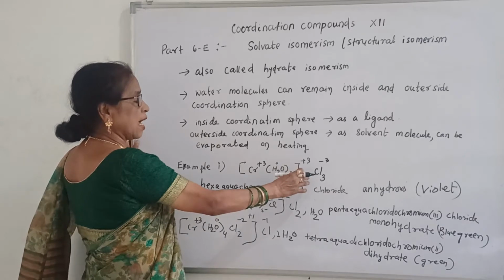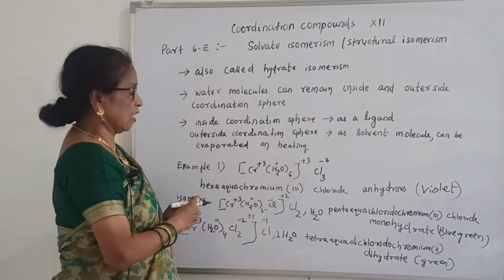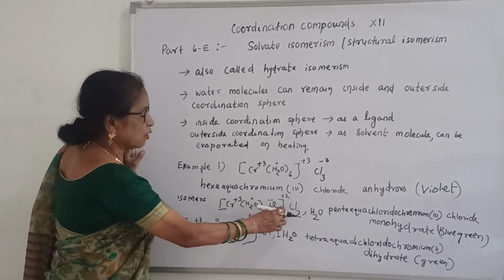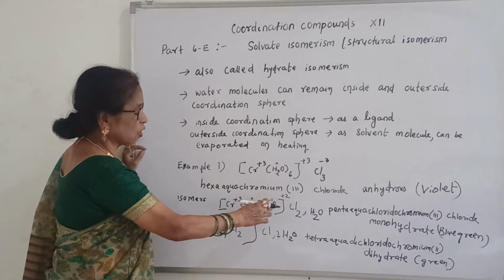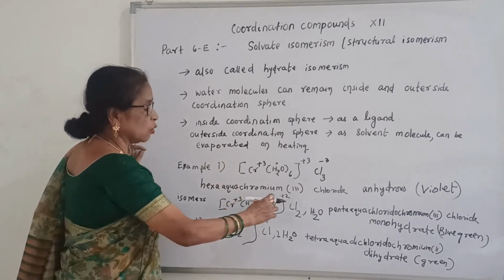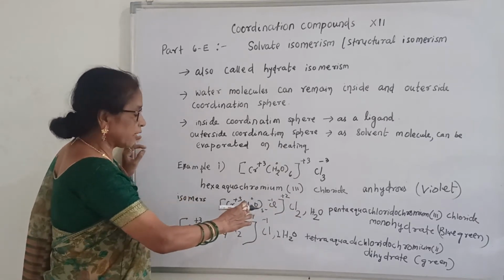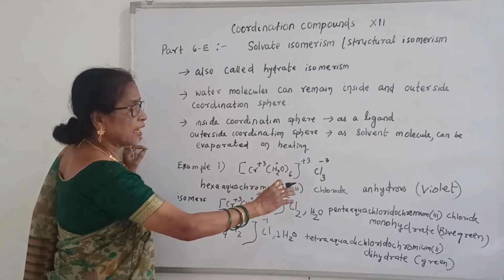But when the chloride ion goes from outside to inside, it will act as a ligand. So one chloride ion comes inside the coordination sphere, and that is called chlorido. And the water molecules decrease by one because one goes outside, so it is pentaaquachloridochromium(III) chloride.